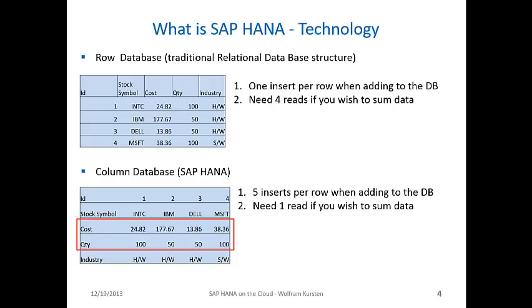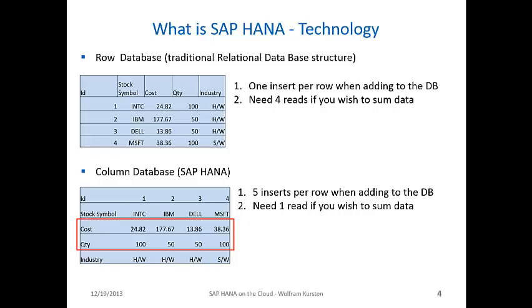For example, in this instance we have a record of stock symbols, which have been purchased for a particular price and of a particular quantity, and they belong in a particular industry. If we want to store this data into a row database, it would do one write into that database for each one of these records.